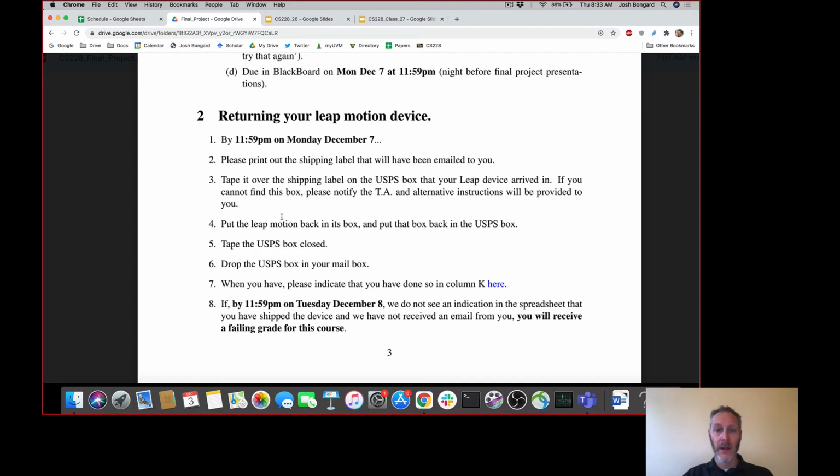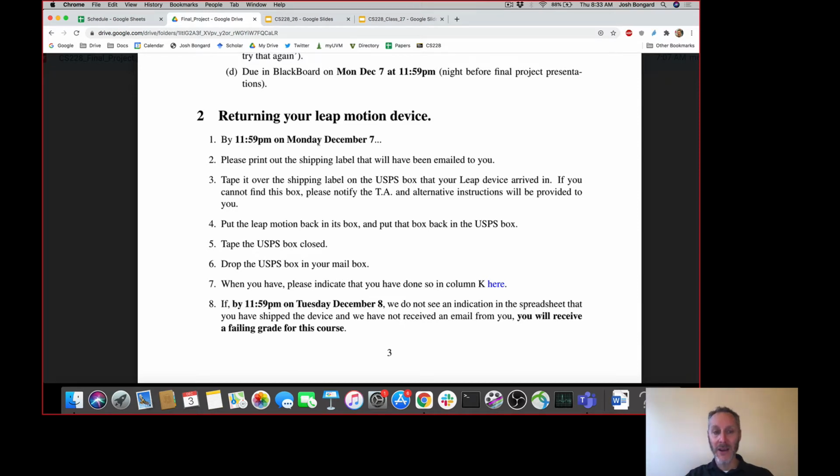Okay. All right. If you do have the box, please print out the label, put it on the USPS box, put the Leap Motion device and the cable back in the box, put that box in the USPS box, tape the box closed, and drop the box with the label on it in the mailbox.